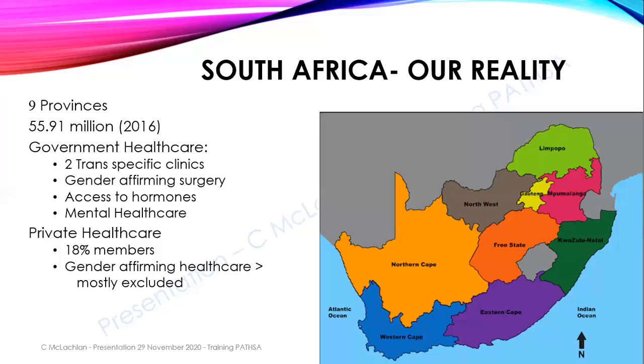And if you think of hormones, it is not just the hormones that you need to access. You need to go to the doctor. You need to go for blood tests, especially in the beginning, every 3 months. And you need to buy the hormones, and it can be quite expensive after a while. Surgeries are even worse. So if you need to go for a vaginoplasty, you know you're going to pay 260,000 plus in South Africa.